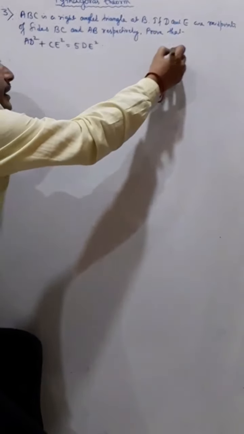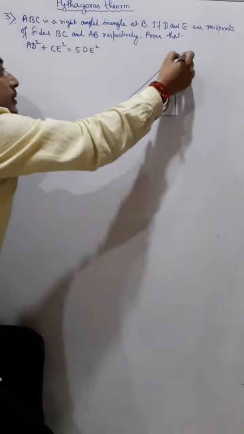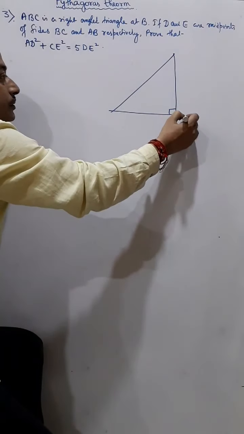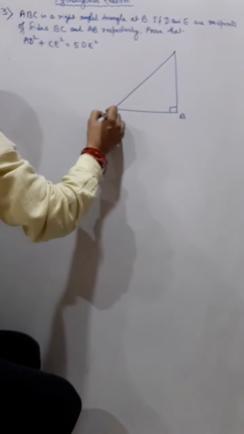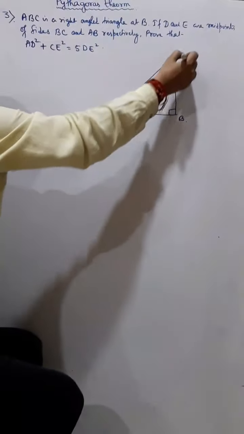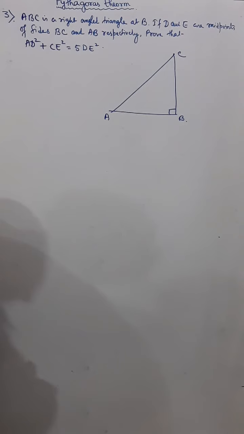Okay. Now in this sum they told ABC is a right angle triangle at B. And D and E are the midpoints of the side BC and AB respectively.